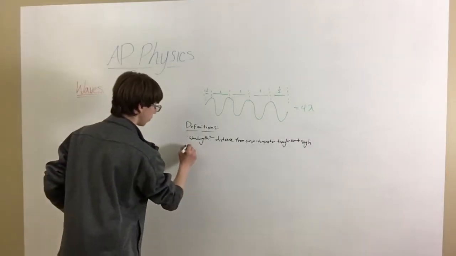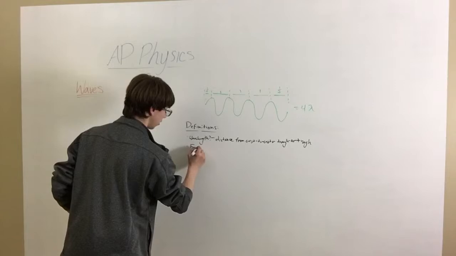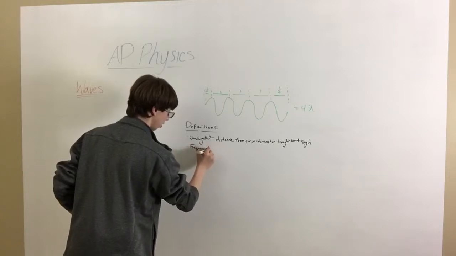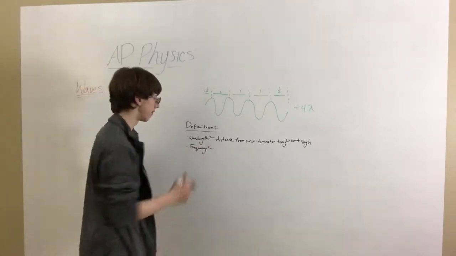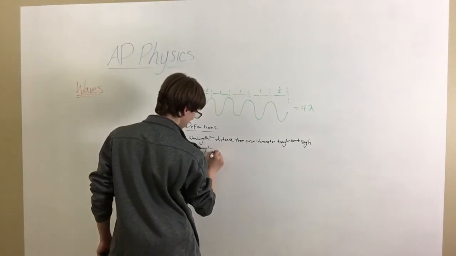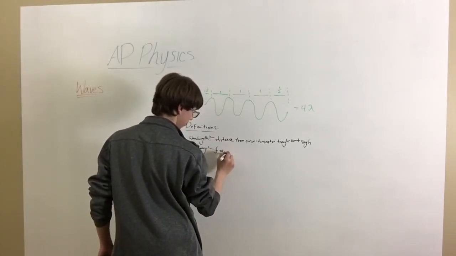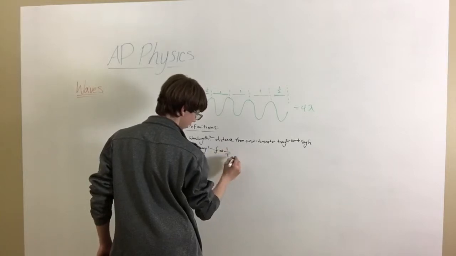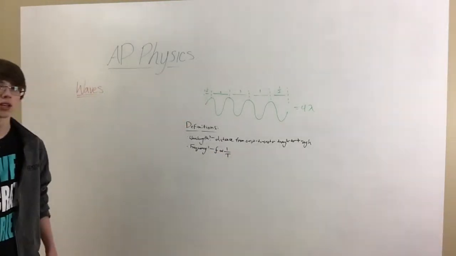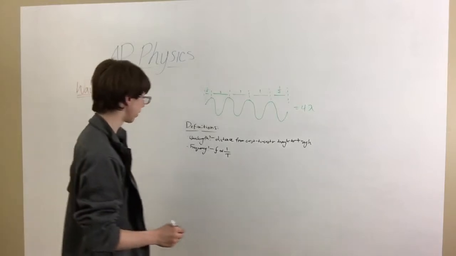And now, what is frequency? Now we know from previous units that frequency is related to the period. In fact, frequency is directly proportional to 1 over the period. Right?